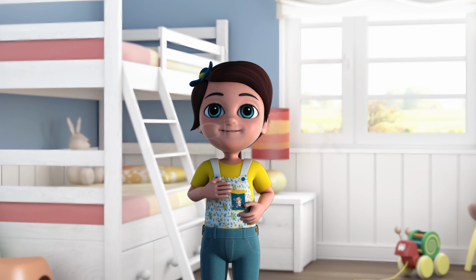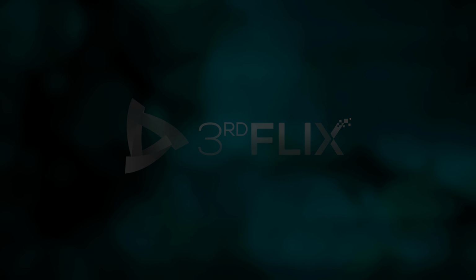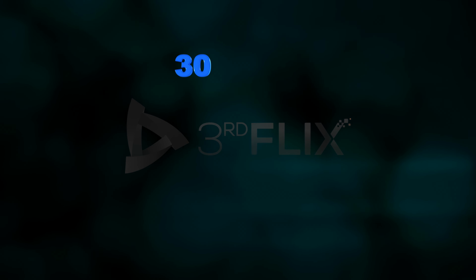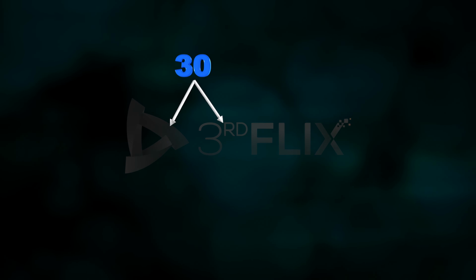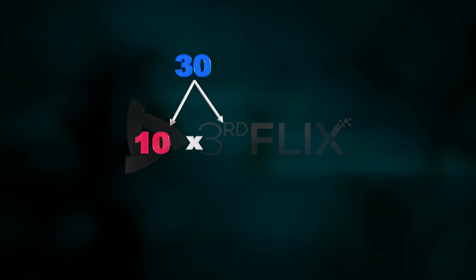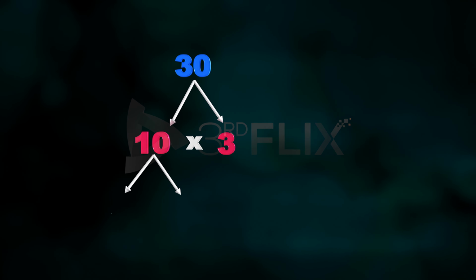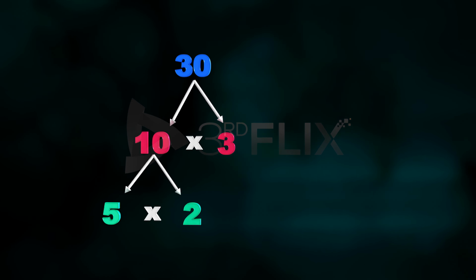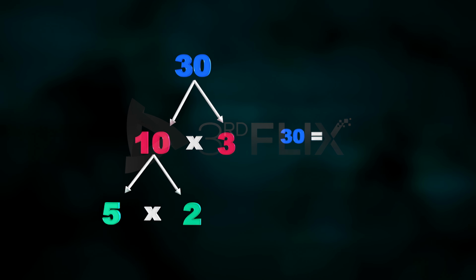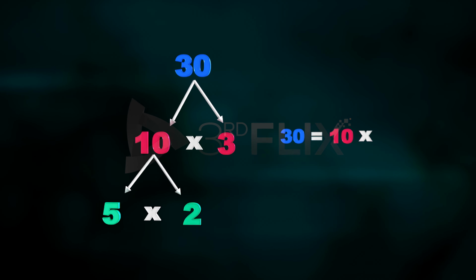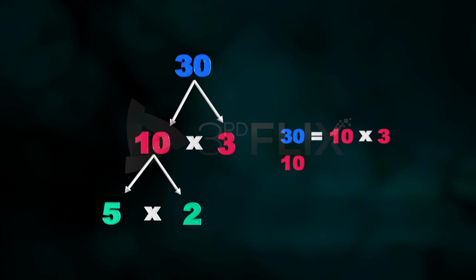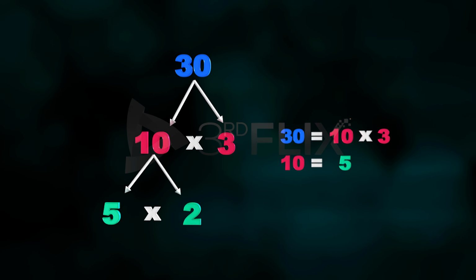Let us see another example. Prime factorization of 30 by factor tree method. Here, 10 is the composite factor of 30. 30 is equal to 10 into 3, and 10 is equal to 5 into 2.